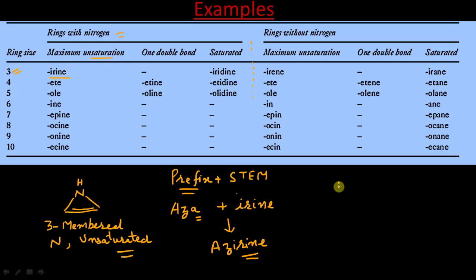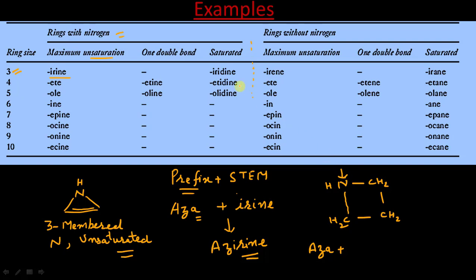So we can have NH, CH2, CH2, CH2. Now it is a 4 membered ring, so the heteroatom is a nitrogen, so the prefix is aza, plus it is a 4 membered saturated system and heteroatom is a nitrogen.